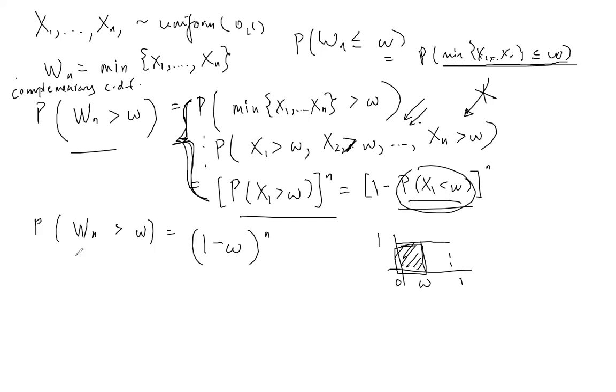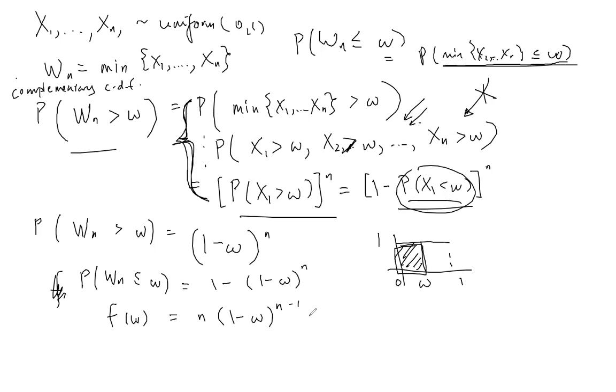So 1 minus W, and therefore your distribution function is 1 minus (1 minus W) to the power of n, and your PDF is you take this derivative, so you get n times (1 minus W) to the power of n minus 1, okay? And your W is between 0 and 1.